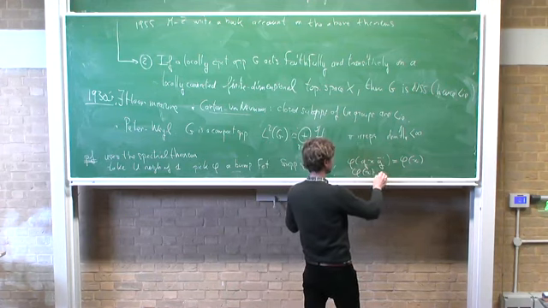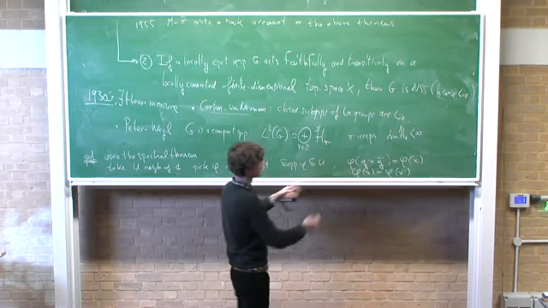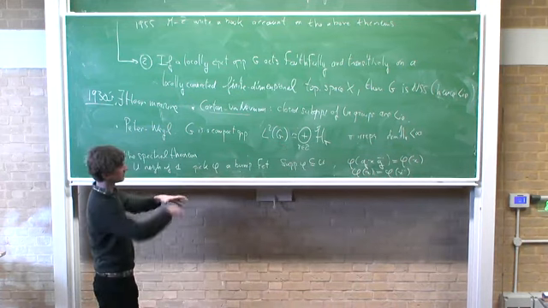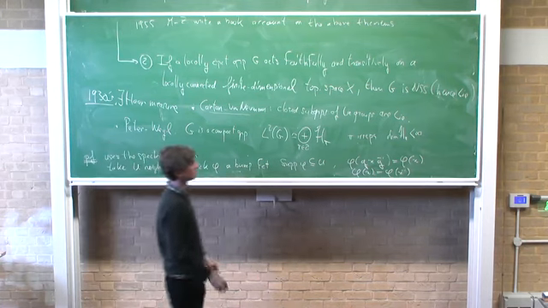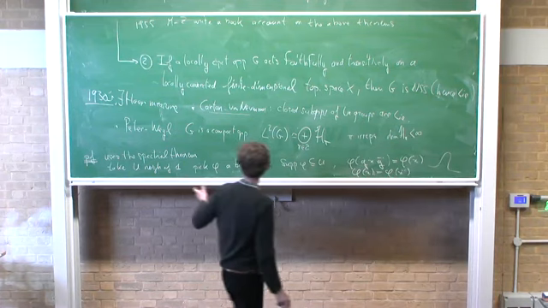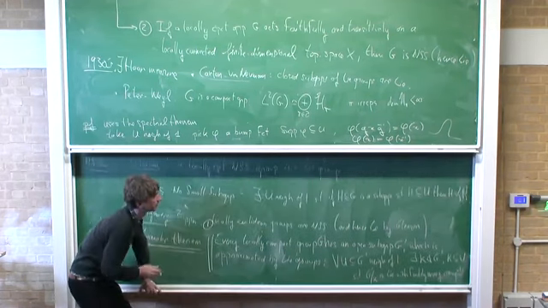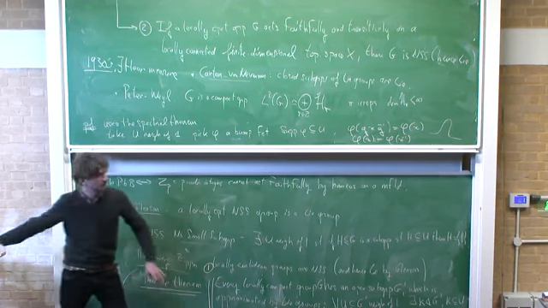And you can also take the average with phi inverse, and then you can assume this. So you have this nice bump function around the identity. And then you consider the convolution operator.